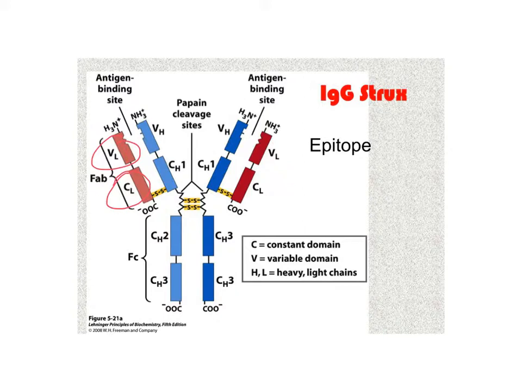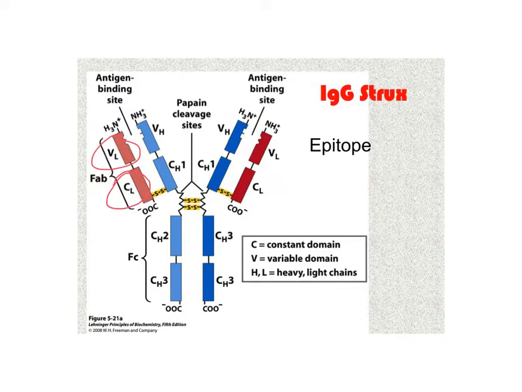Those antibodies are going to be homogeneous, whereas polyclonal antibodies come from different B lymphocytes, and so they're going to recognize different epitopes off of that antigen. So they'll recognize different positions off of that protein or whatever that invading entity is.